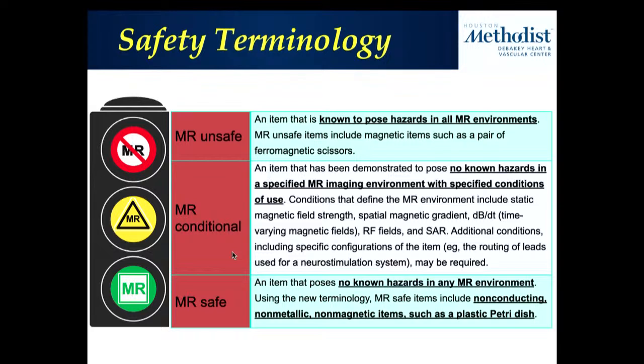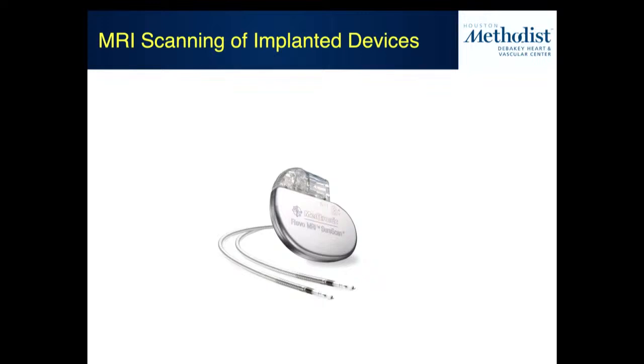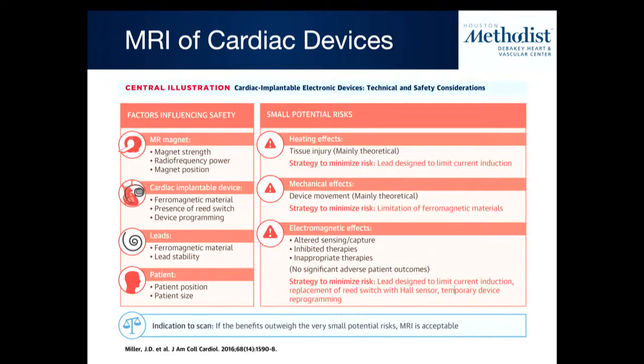So in other words, you don't go cavalier and say, oh, this pacemaker is now MRI safe. We call it MRI conditional, and that means that within a certain set of conditions, it's considered acceptable, okay? That doesn't mean, though, that if you take that same device and put it in your 7 Tesla scanner, it's still MRI conditional, right? I'm going to go over this in a second here. This actually was the first MRI conditional pacemaker that was FDA approved.